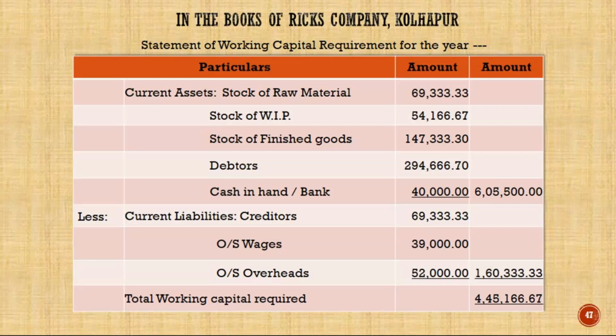So it is necessary to calculate the correct amount of working capital requirement. Much care should be taken while dealing with each and every component of current assets as well as current liabilities. So I'm ending this session here, and in the next session, we will continue some problems relating to computation of working capital requirement.